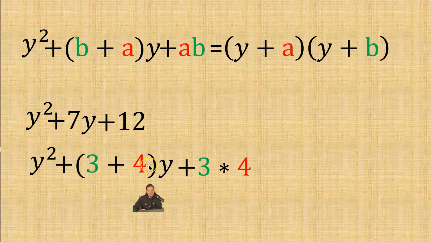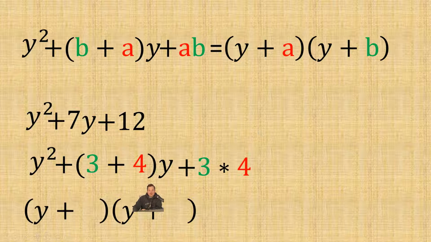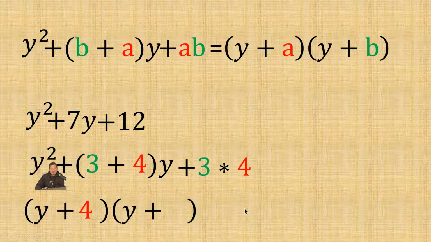It's the same 3, in other words, and the 4's are in red. So once you recognize that the coefficient on the y is 3 plus 4, and that the last term can be written as those same numbers multiplied together, then you can just write the whole thing in factored form as follows. I'm going to put y plus 4 multiplying y plus 3. That is it for me.